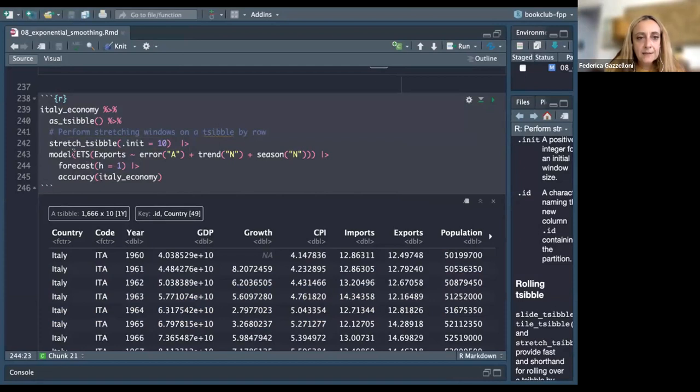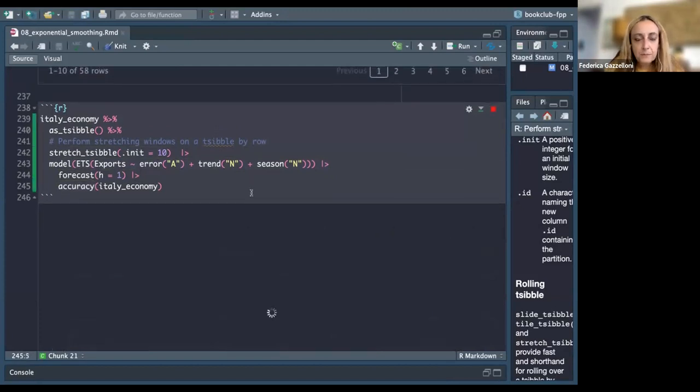So I run the exponential smoothing model, the very simple one, and a forecast for one period, and then the accuracy to see. It takes a bit because it does both stretching the table and making the model.